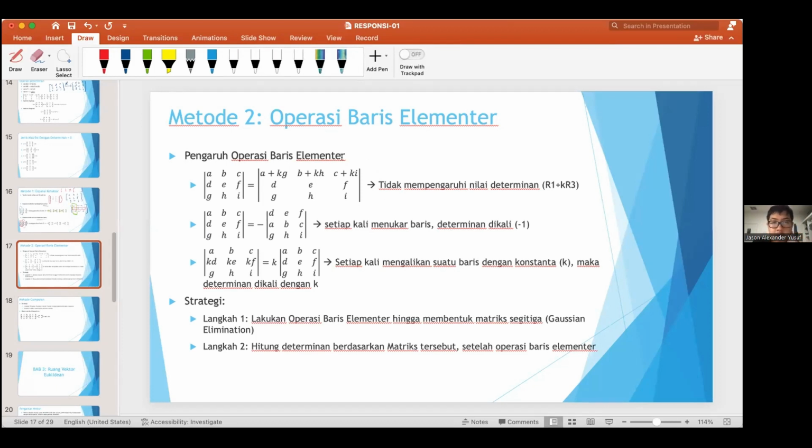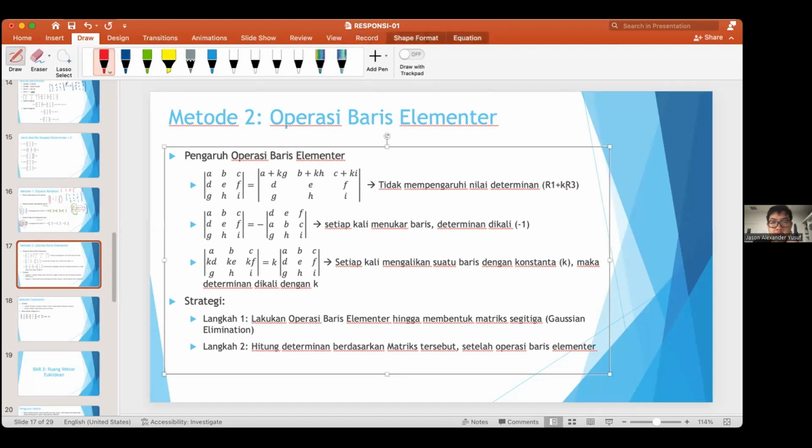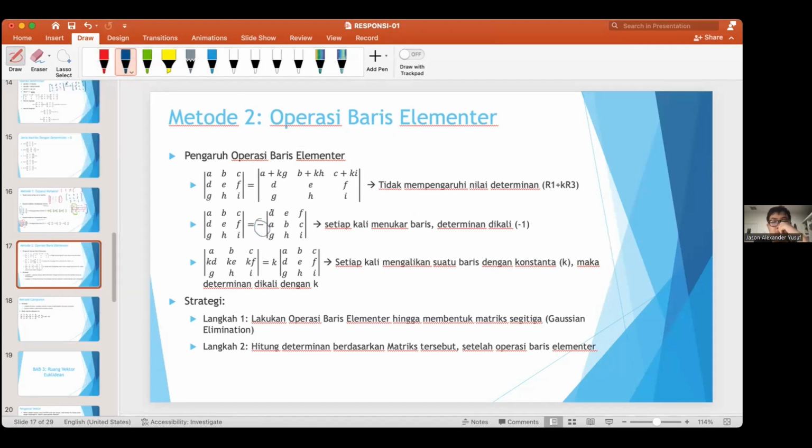If you were to do row reductions, nothing will happen. For this to become this is the operation that we do. If you take a look, nothing happens.